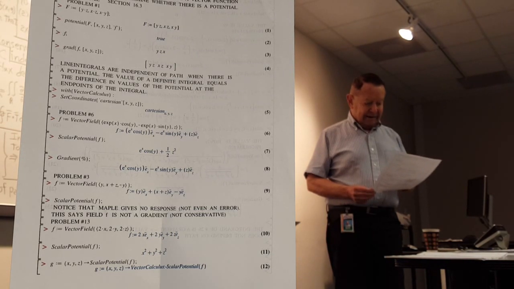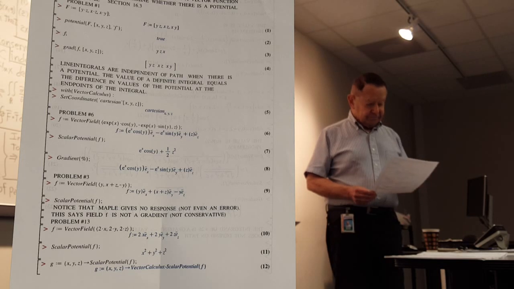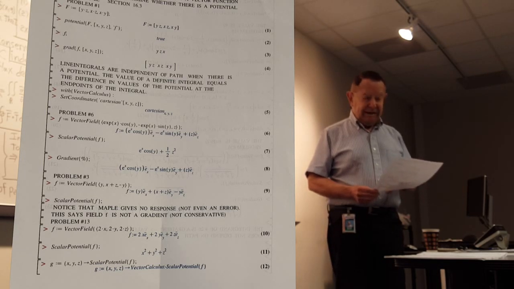So back comes your vector. Then scalar potential, that would be the function that F in line 6 is the gradient of.